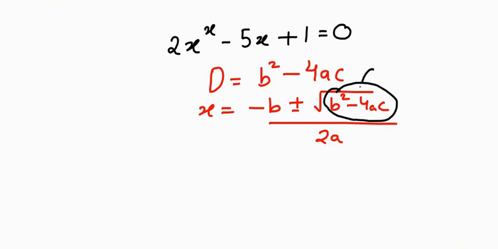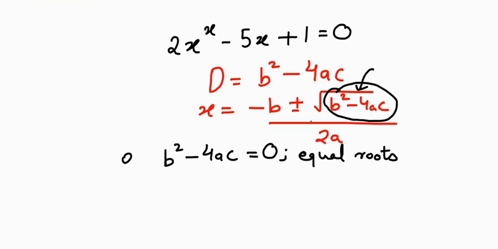Now this actually decides what kind of number we are going to get at the end. If this is 0, say it's minus b plus minus under root 0 upon 2a, then we are going to get only one root, because plus 0 or minus 0 is going to be the same thing. So the first condition is if discriminant b square minus 4ac is equal to 0, that means we are going to get equal roots.